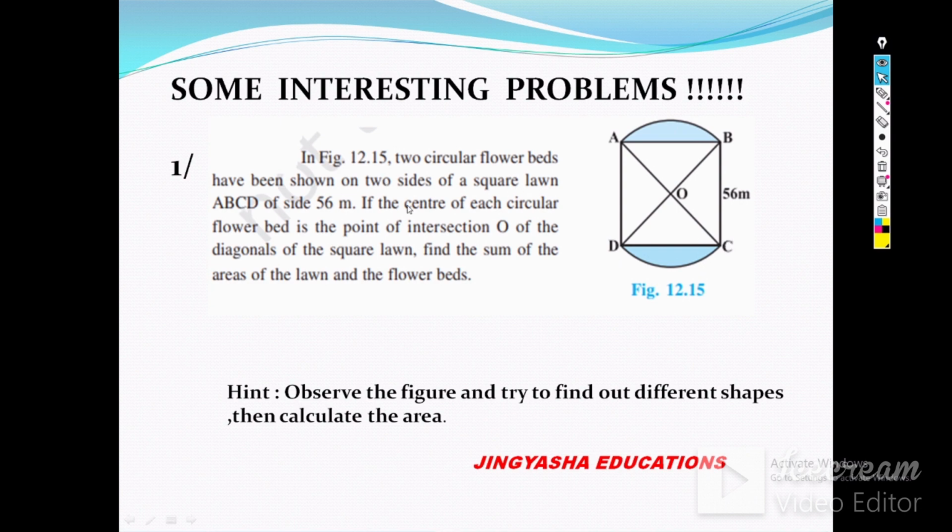You can just go through that question, that is, two circular flower beds have been sown on two sides of a square lawn ABCD of side 56 meter. If the center of each circular flower bed is the point of intersection O of the diagonals of the square lawn, find the sum of the areas of the lawn and the flower beds.